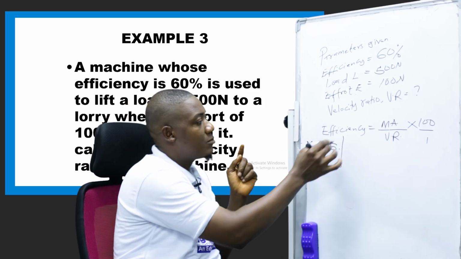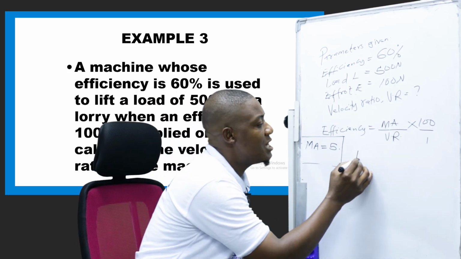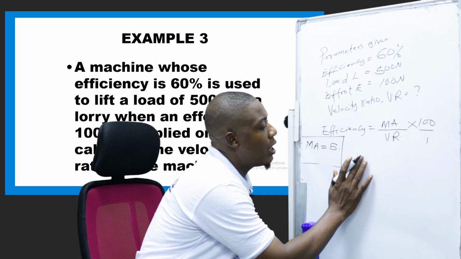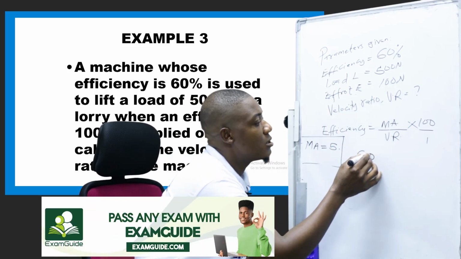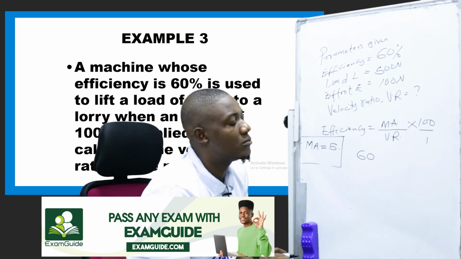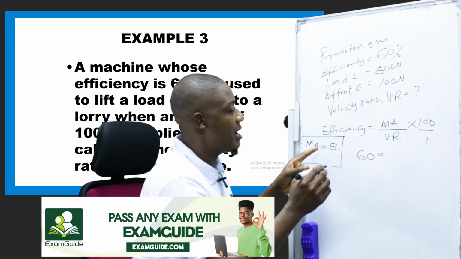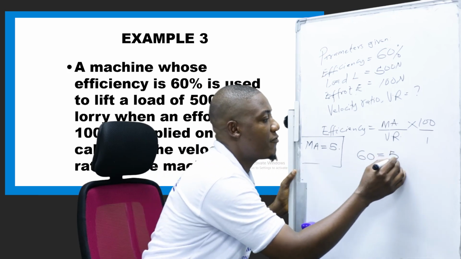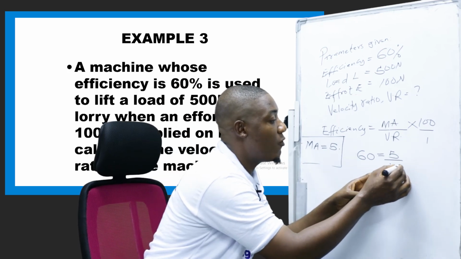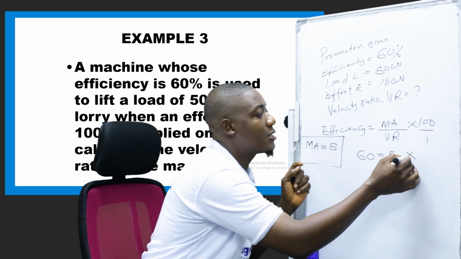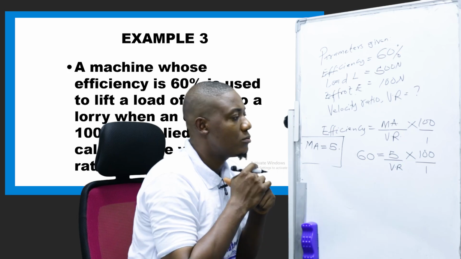Substituting it here, we have that efficiency as given, which is 60%, equals MA as calculated, 5, all over the velocity ratio we are looking for, times 100 over 1.